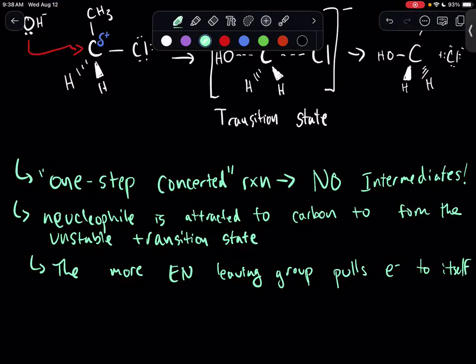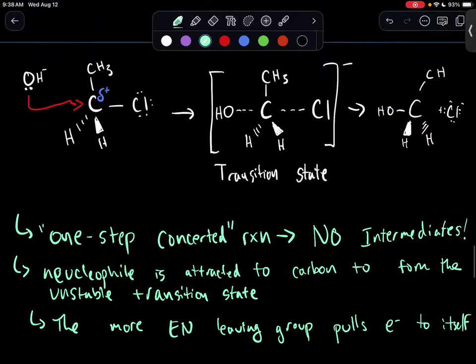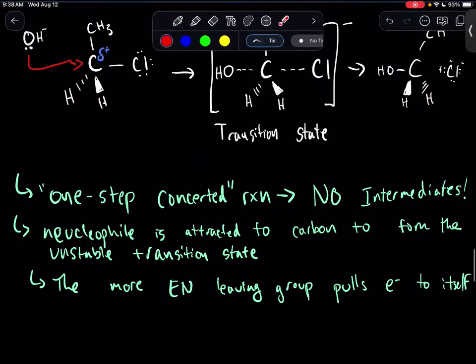So, like we said, while this is not an intermediate, this is the reaction that occurs. Now, a couple things to note. We actually call this reaction a backside attack.